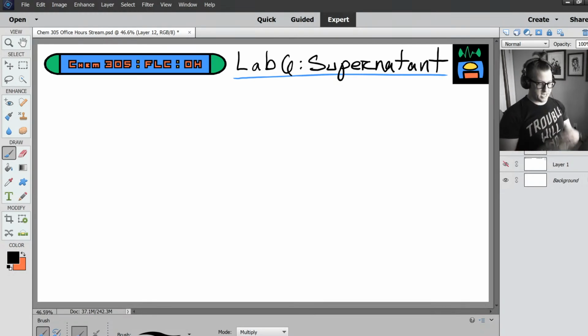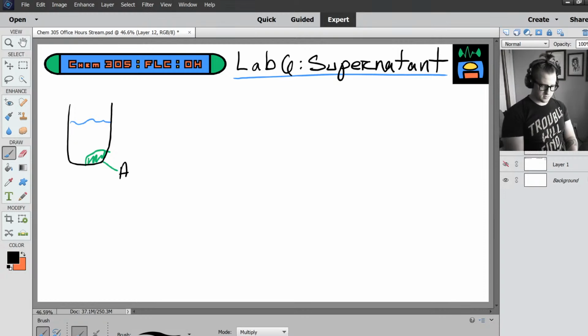You do your reaction, right? You get your solution, you get your precipitate. This is a silver chloride precipitate.